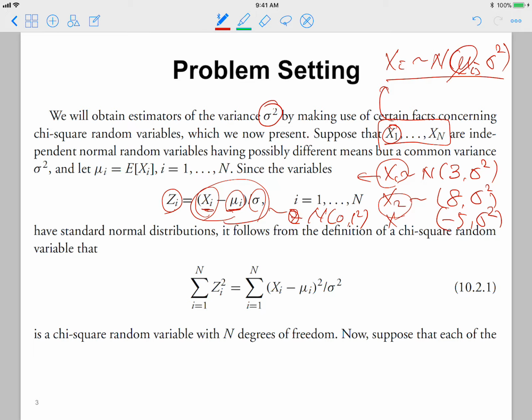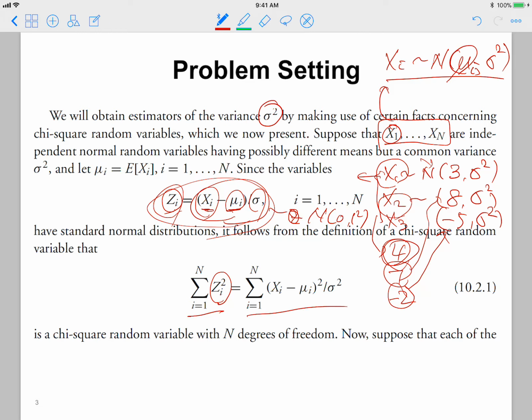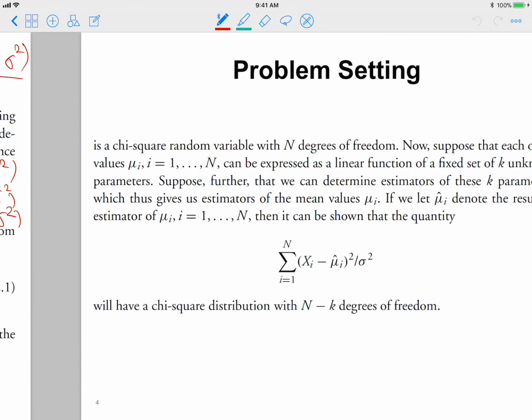Suppose our sample x1, x2, x3 was actually maybe 4, 7, and -2. This one came from this distribution, this one from this, and this one from this. We do this transformation, take the square of each converted value, and sum them up, and you will know this follows the chi-square distribution with n degrees of freedom, right? So it's just an obvious situation.